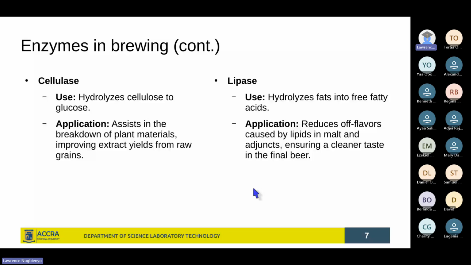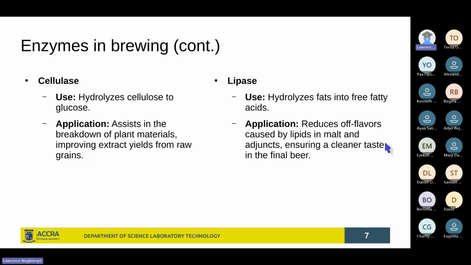And this is to reduce what is referred to as off flavors, which is caused by lipids, fats, and oils in products such as malts, because these fatty acids can undergo some sort of oxidation, even when broken down into shorter chains.